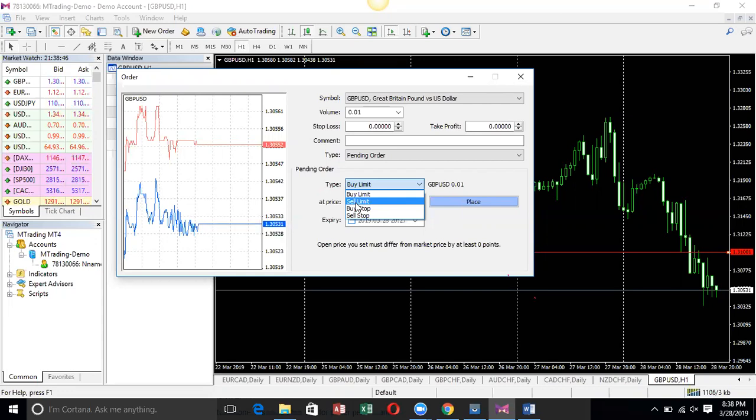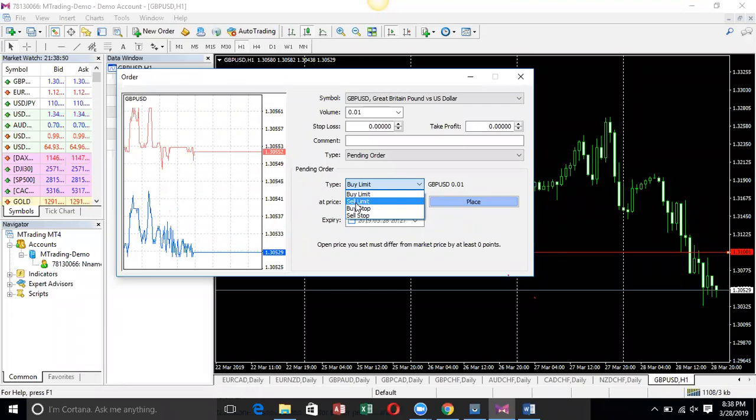Sell limit is used when you want to sell above the current market price. Then our emphasis will be laid on buy stop and sell stop, and they are the ones we'll be making use of in this training. Buy stop is used when you want to buy above the current market price.